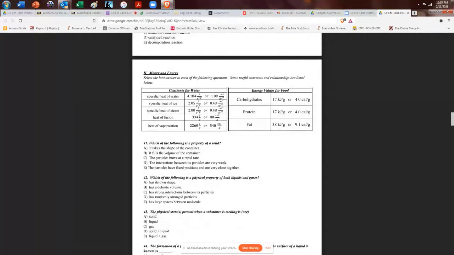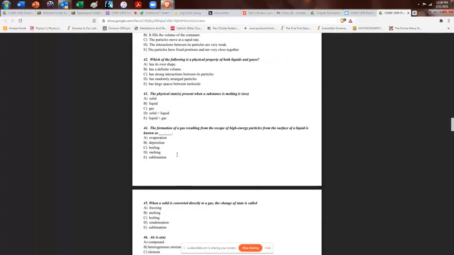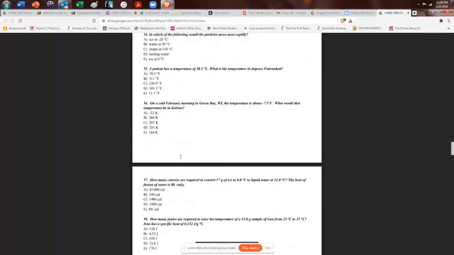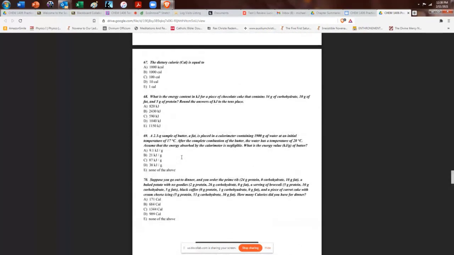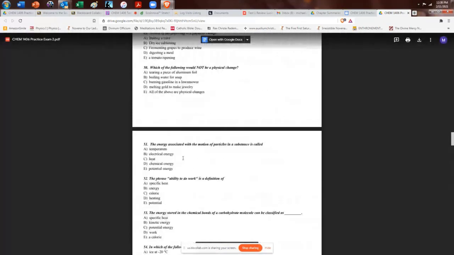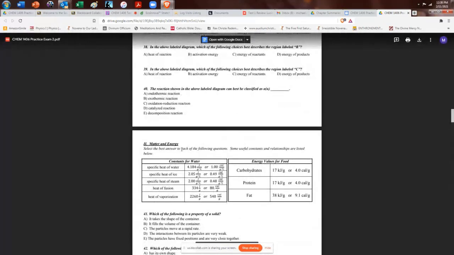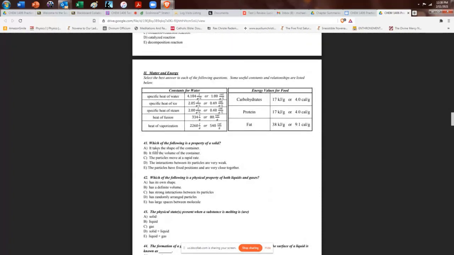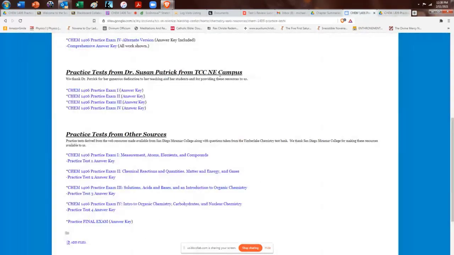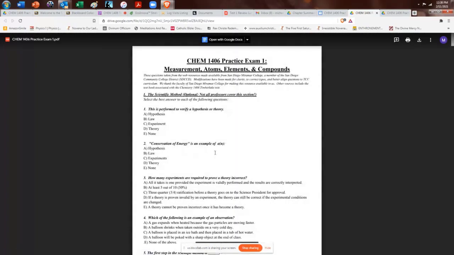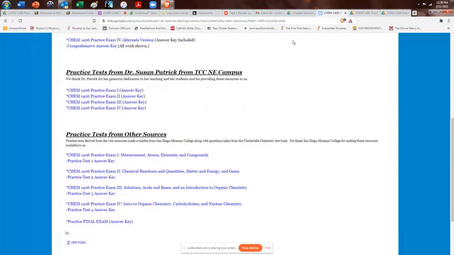Here are all the questions over specific heat and physical and chemical change, etc. There's a good 30 questions over that. So, if you really want a lot of practice, the second test has basically questions 40 through 70 for that, and the first test, basically the whole thing, has 100 questions. Obviously, you don't have to do them all, but those two practice tests will cover everything that you could potentially need.